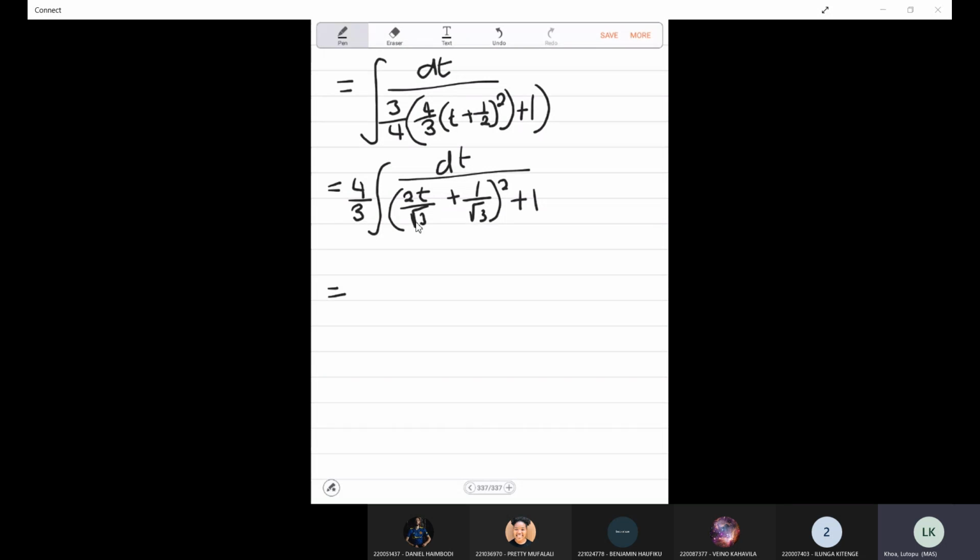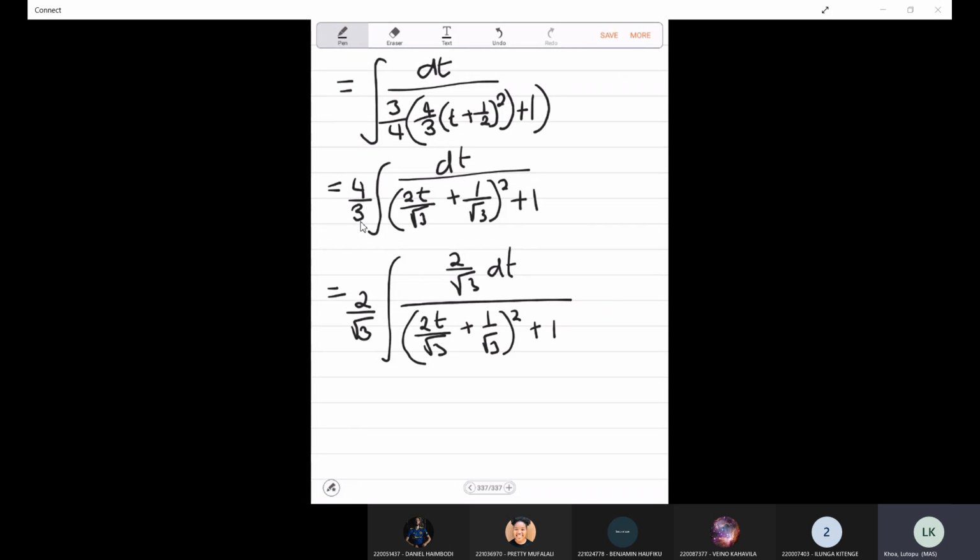So in the numerator, I'll put 2 over the square root of 3 dt over 2t over the square root of 3 plus 1 over the square root of 3 squared plus 1. And then on the outside, I need to put a number here so that when I multiply it by 2 over the square root of 3, I still end up with 4 over 3. So I need to put 2 over the square root of 3 there.